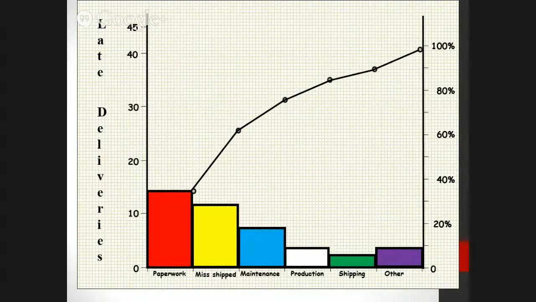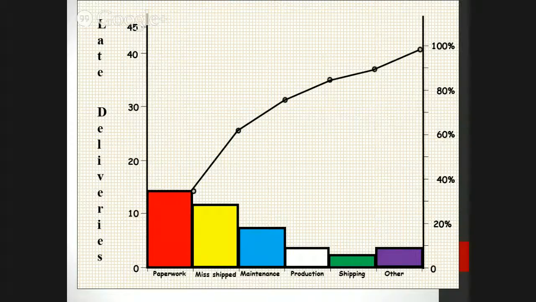All right. The next highest category was misshipped. And what's that number? I know some people come up with 28%, but what's the number of misshipped? How many times did I misship? So I misshipped 12 times, and that was 28%.